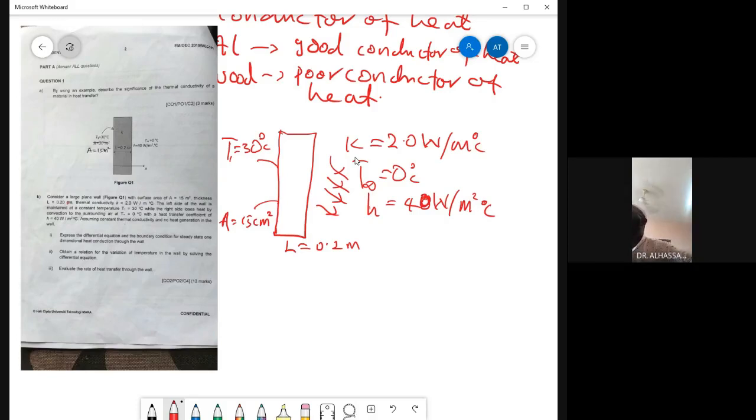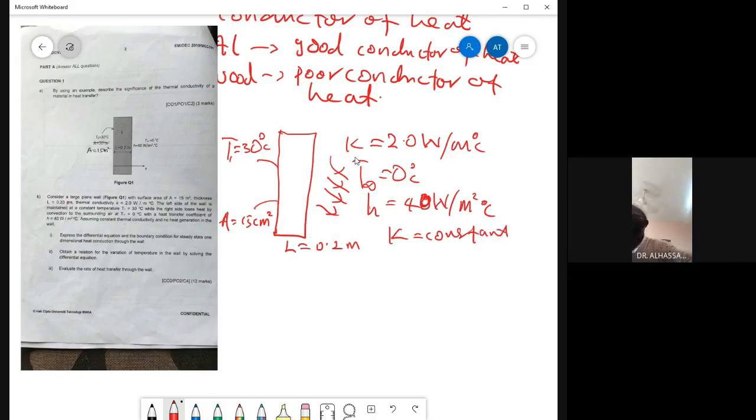Okay, so now we can say like this, assuming constant thermal conductivity and no heat generation in the wall. So constant thermal conductivity, K is constant, that's the assumption.